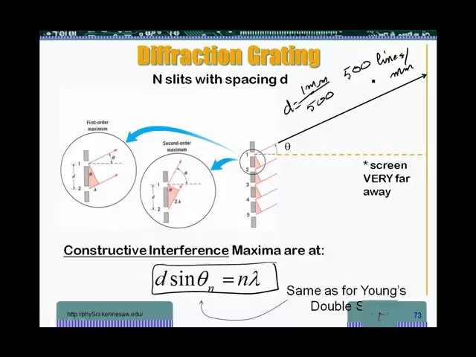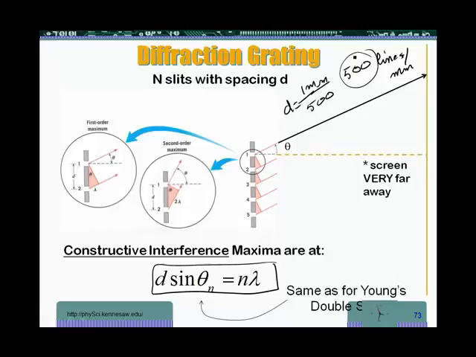For example, 500 slits per millimeter is going to give us very, very narrow principal fringes. They are going to be very narrow and very bright. Their brightness is going to be proportional to the square of the number of slits involved.